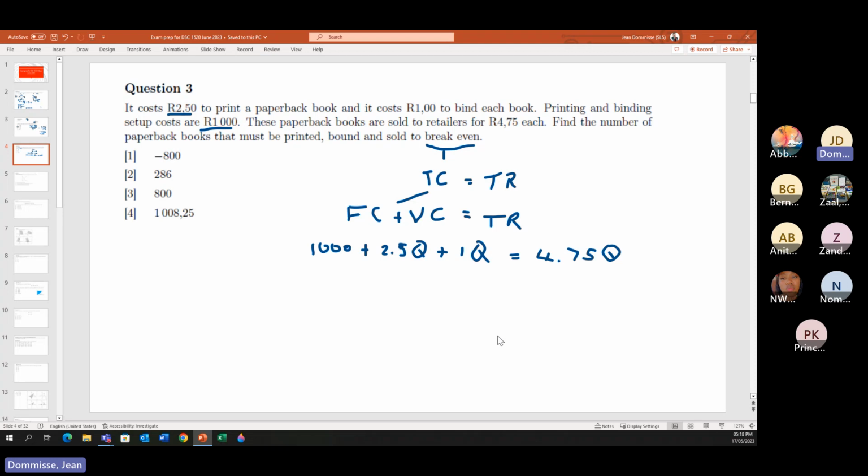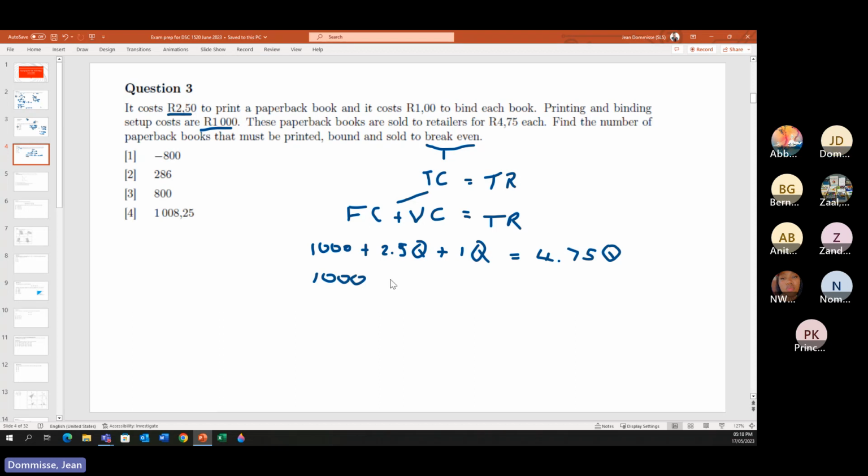Okay, so from total cost to equal total revenue, we went to fixed costs plus variable cost equal to total revenue. So let's see what is on the one side.